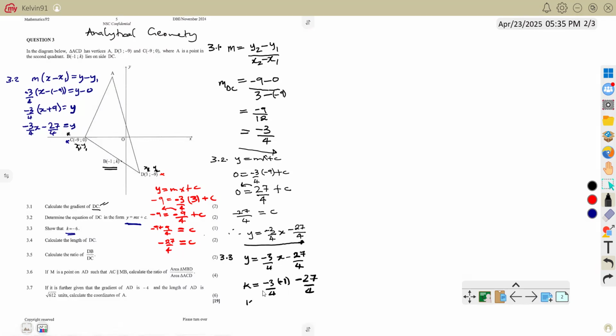Here you can see our K is equal to, here times this negative becomes positive. So it's 3/4 minus 27 over 4. Therefore, our K in this case, it becomes this minus this. We are going to get -24/4. It becomes -6.